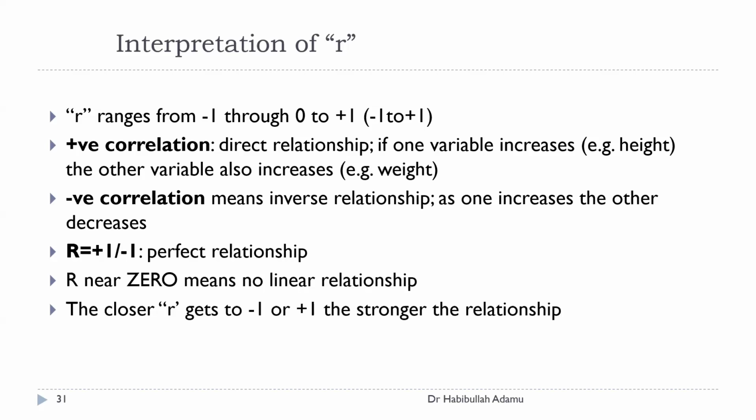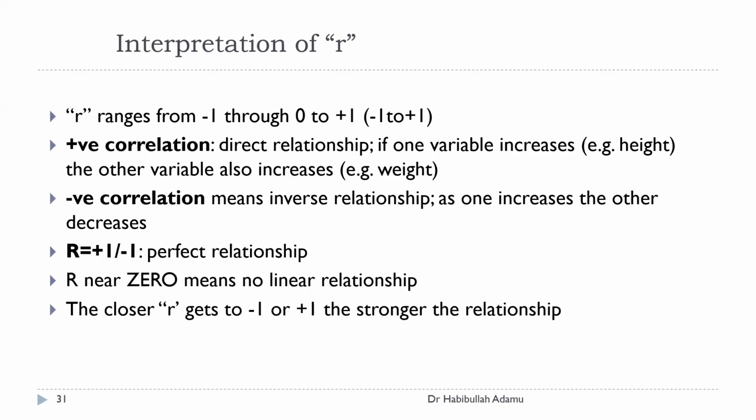The association is perfect. If the value is 0, your interpretation should be what? There is no association. So that means the closer the value is to 1, the stronger the association. The same thing, the closer it is to -1, still the stronger the association.